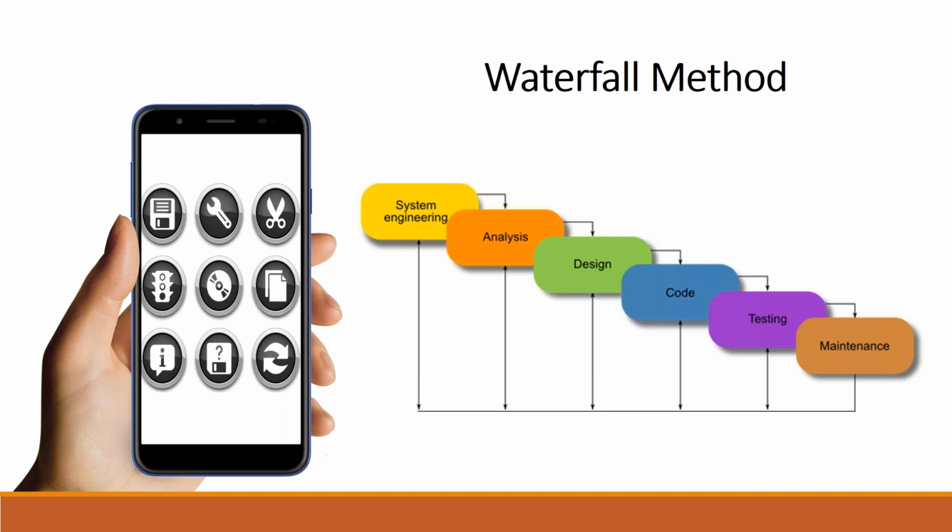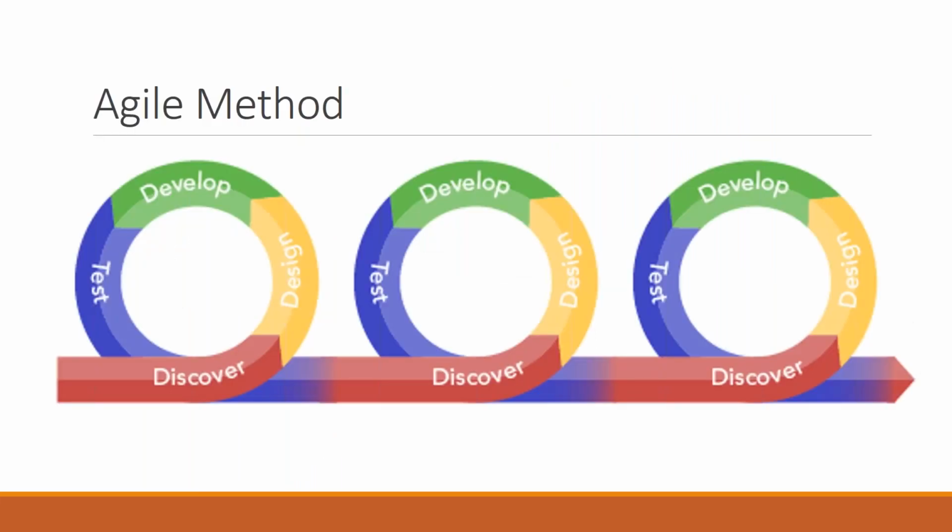Instead of these 9 buttons, I'll make them into pieces: the first 2 buttons as one piece, the second 2 buttons as the second piece, and the next 2 buttons as the third piece, like that. These parts we call sprints, and there will be some duration for these sprints.